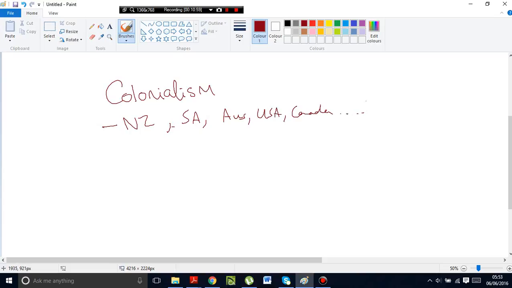Countries that today have significantly larger white populations. I mean, all those countries that I said have white majorities, apart from South Africa. So these countries were largely populated by migrants from the home societies.